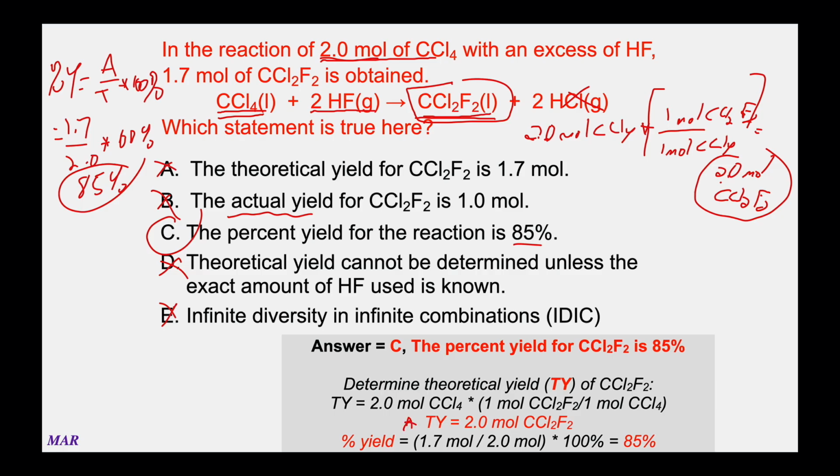This is a little bit fancier than my cheesy pen scratching up there. 2 moles times the ratio of 1/1 tells you the theoretical yield, and then percent yield, actual divided by theoretical, 1.7 divided by 2 times 100%, 85% yield. So if you've got this question down, you know how to find a theoretical yield, and you can figure out the percent yield if you're given the actual yield, of course.